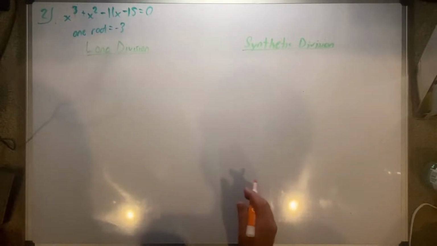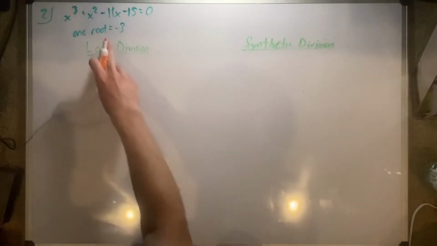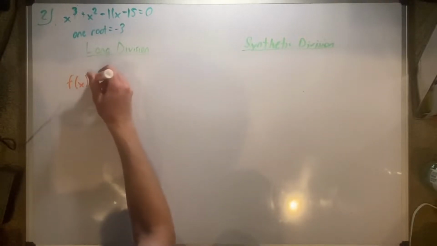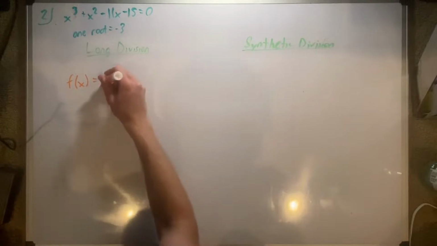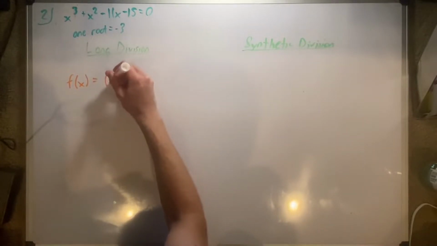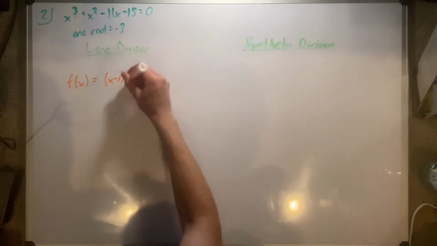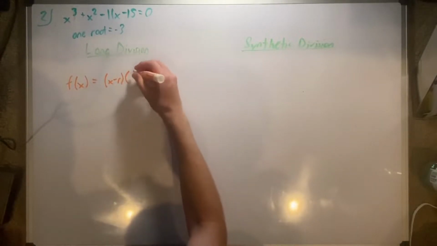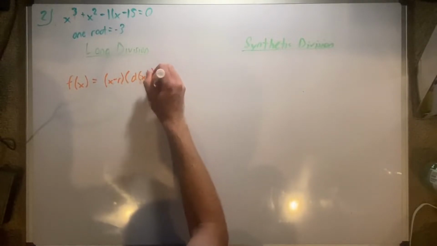First of all, we have to think, what do we need to divide this by? Well, if it gives us one root, we know that any function given is equal to x minus that root, times some other function, I'm going to call it d of x.